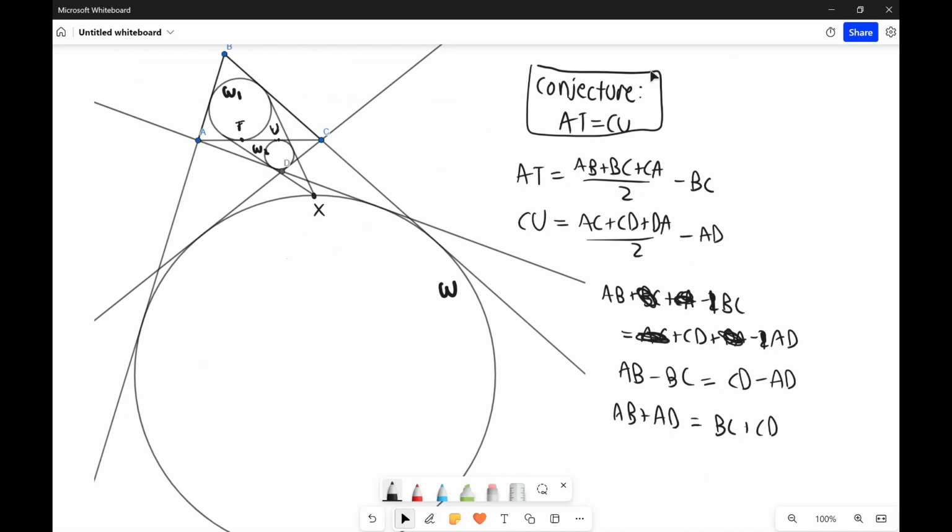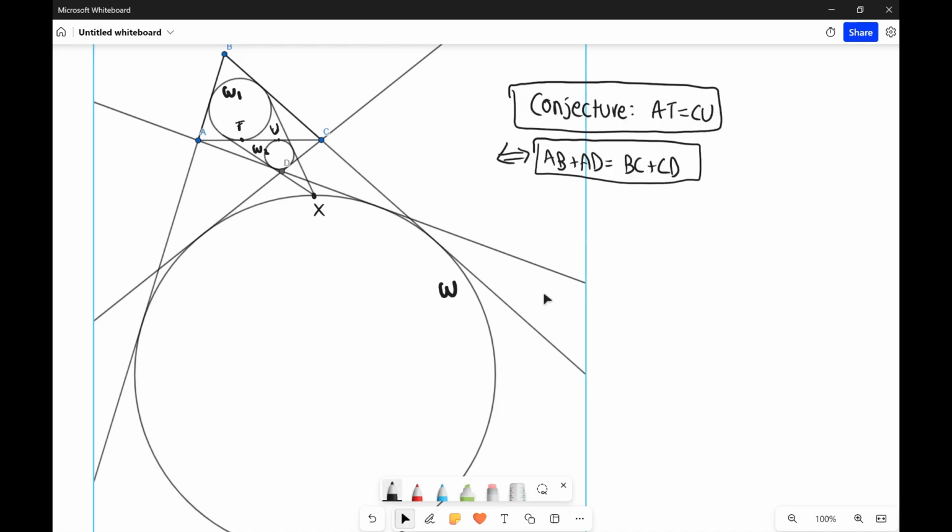So our conjecture that AT is equal to CU is equivalent to AB plus AD being equal to BC plus CD. So how do we prove this new thing? In order to prove this condition, we first have to recognize that it looks a lot like a theorem called Pitot's theorem, which states that in a quadrilateral with an incircle, AB plus CD is equal to BC plus AD.